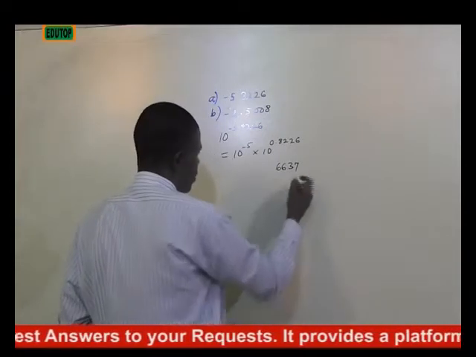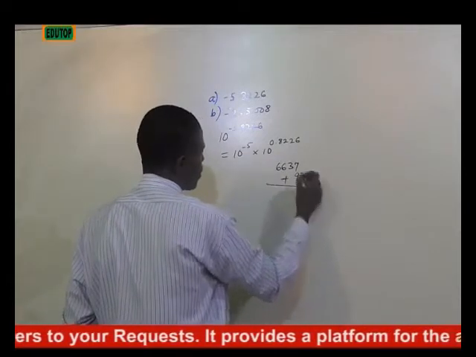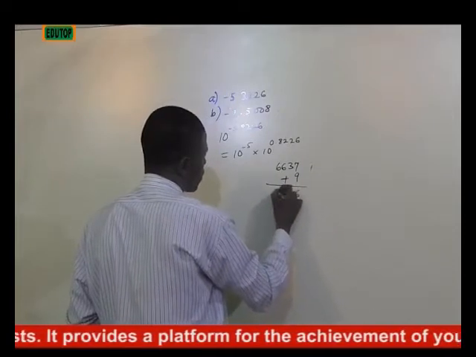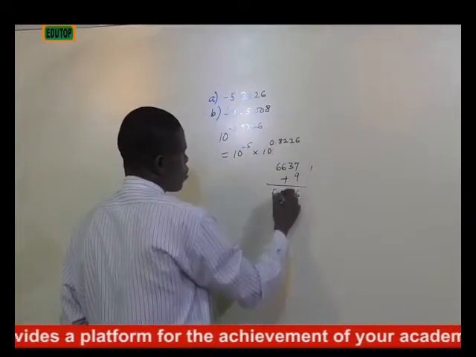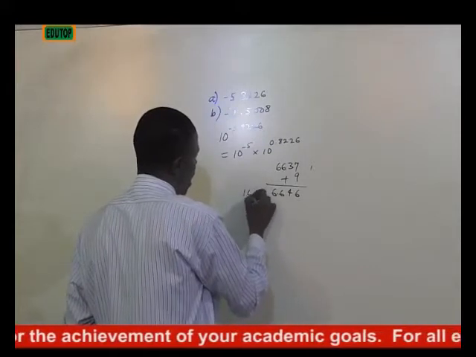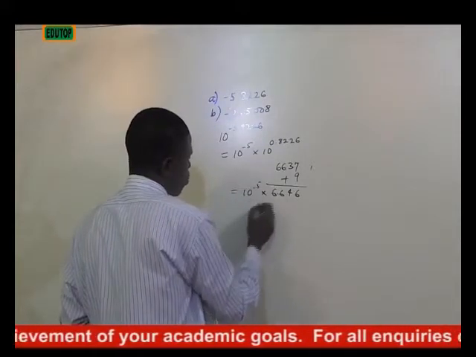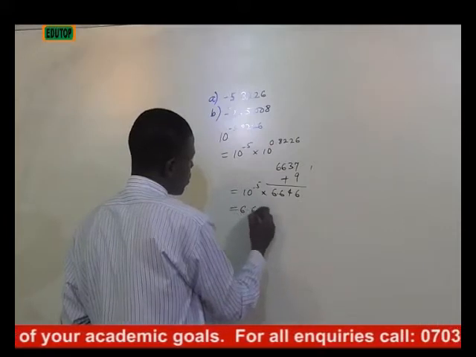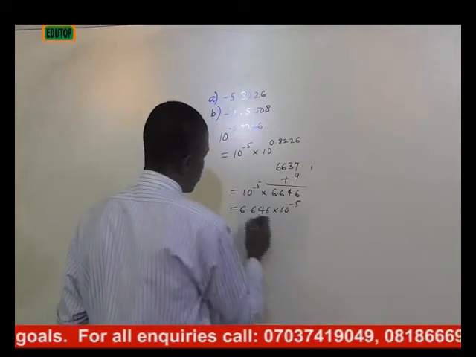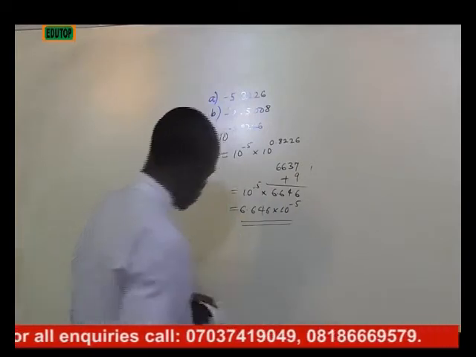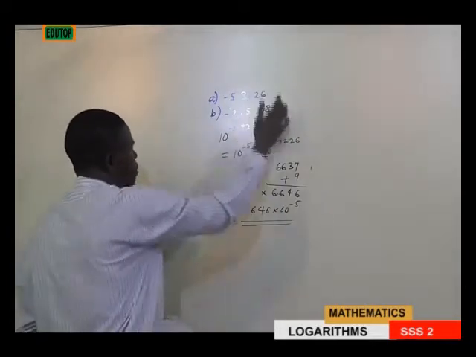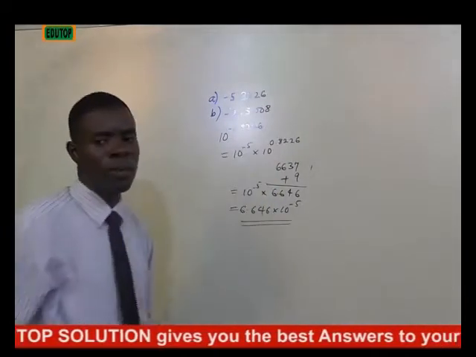And 6 is 9. So we have 9. So we add it. So we have 6, 1, 4, 6, 6. And since it's 0 point, it will be 0.1. So times 10 raised to the power minus 5. So automatically this one becomes 6.646 times 10 raised to the power minus 5. So this is the value. This is the answer, or the anti-log of this.